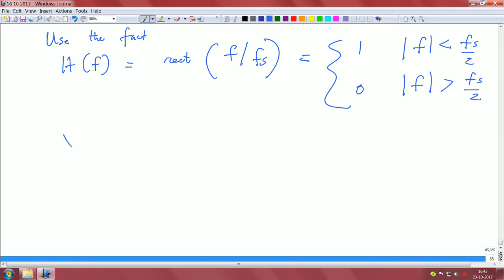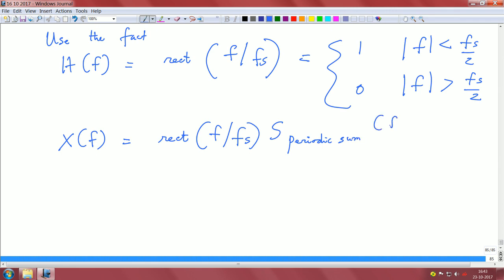Now, X of f is rectangle of f upon Fs times the periodic sum of S of f, and we linked what this periodic sum is.